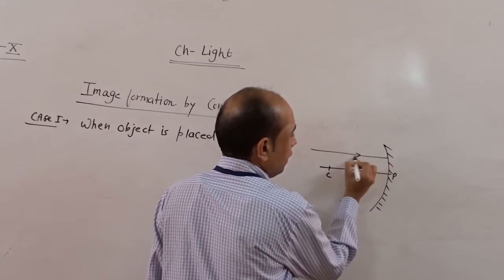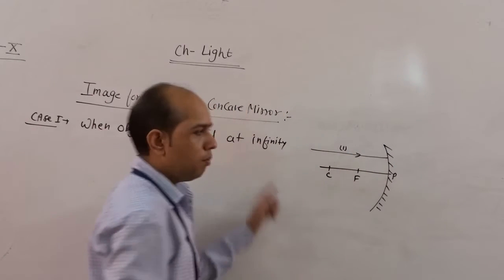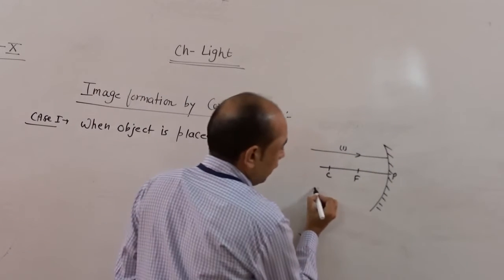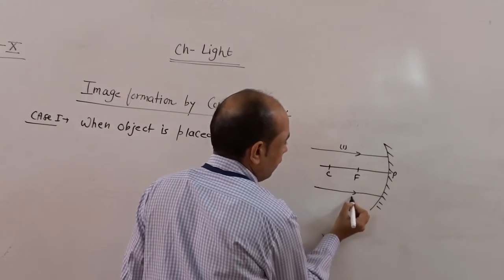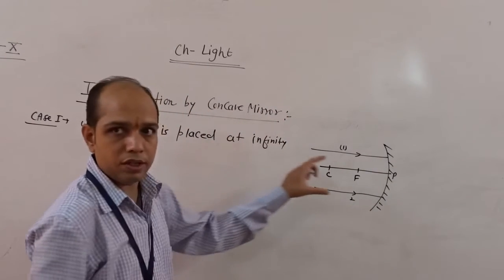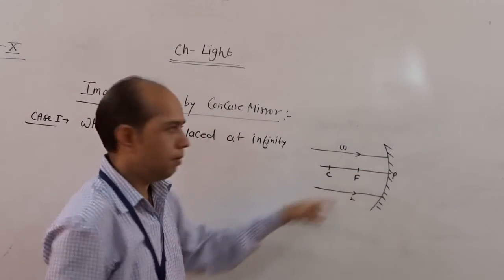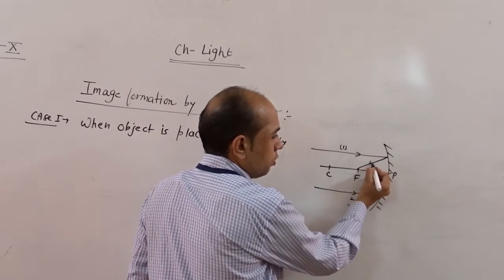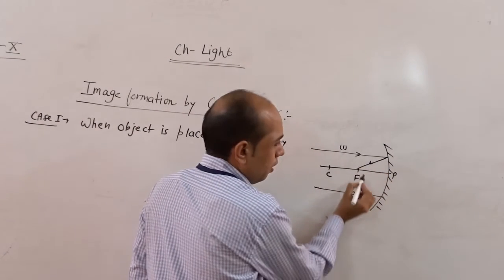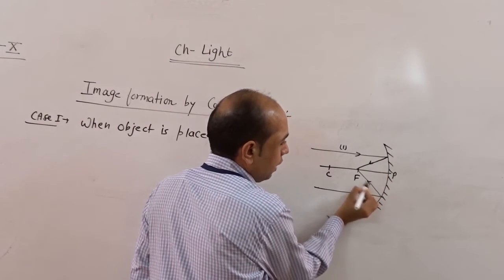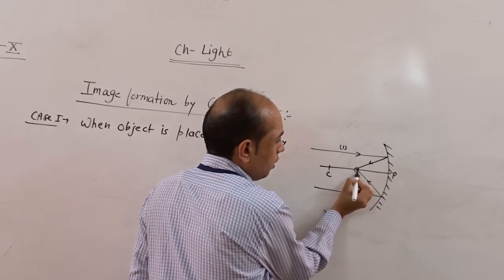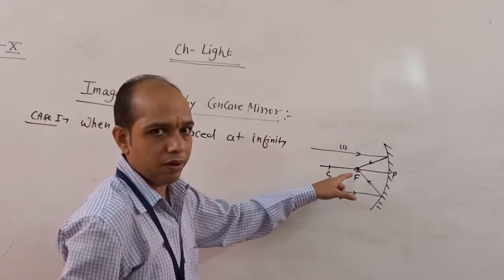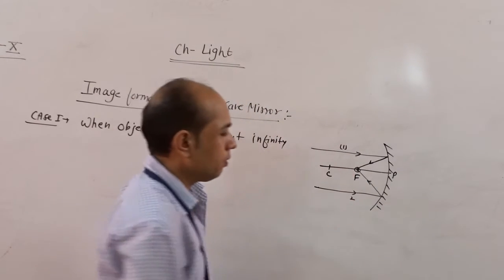So this indicates the first ray coming from infinity. Similarly the second ray again comes from infinity. So these two rays after reflection always pass through the focus as per the first law. So this is the path of the first ray and this is the path of the second ray. So what we see here, this is the meeting point, that means image.